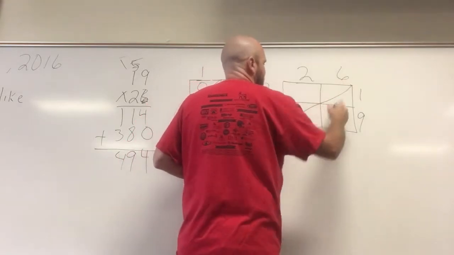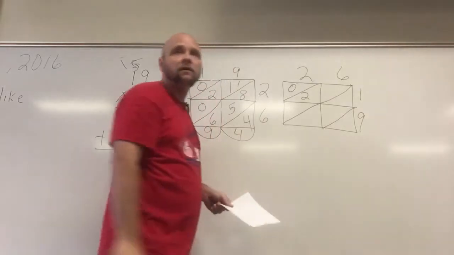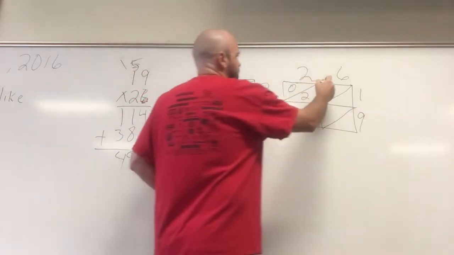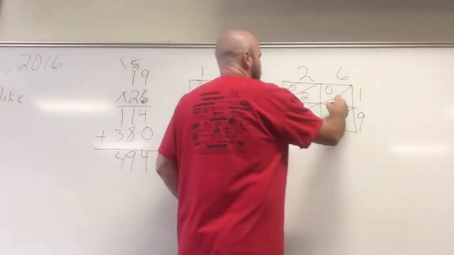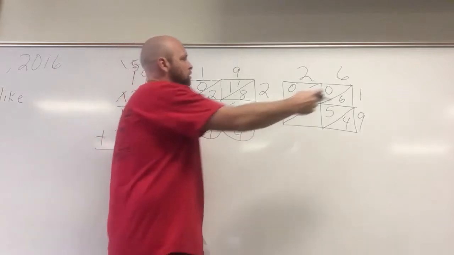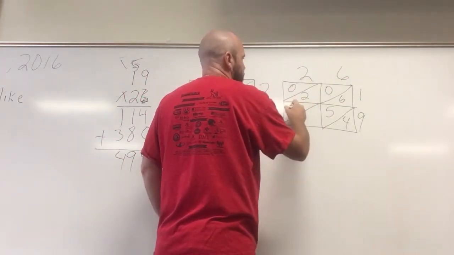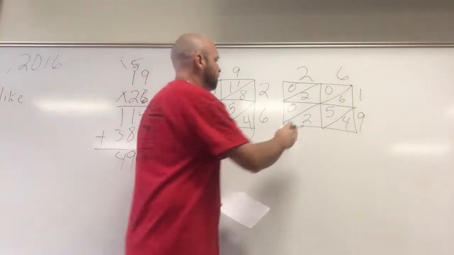We divide it here. This box should be a 2. This box should be a 6. This box should be 18. And this box should be 2. Oh, I'm sorry, 9 times 6 should be 18. My bad.